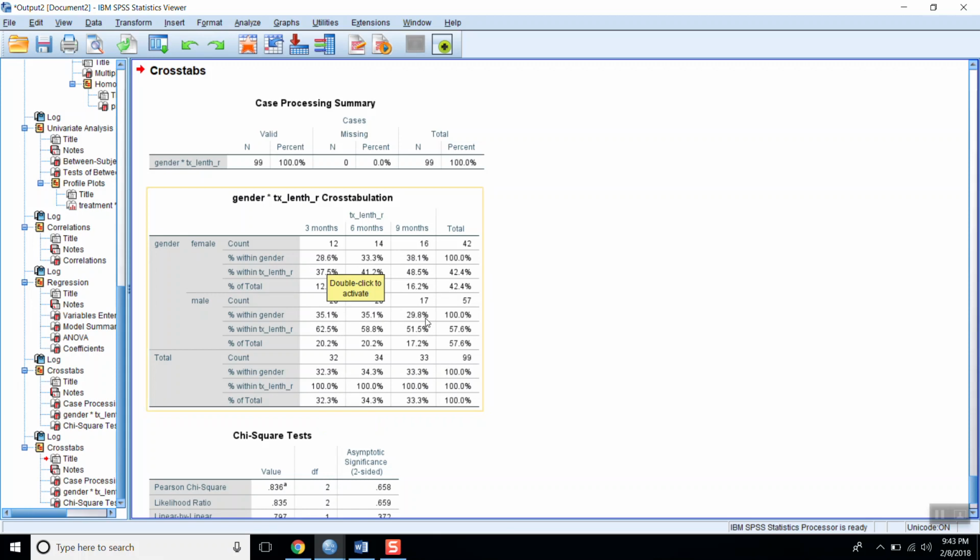It's not all that different. Basically, there's about a third within gender in each. Okay, roughly. If it were significant, we would see something very different. We'd see maybe like, for females, 10, 50, 40. But for males, 40, 50, 10. Like a different pattern in the way it breaks down. Does that make sense?